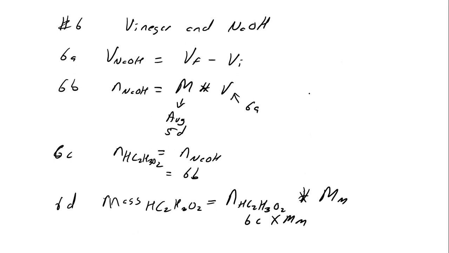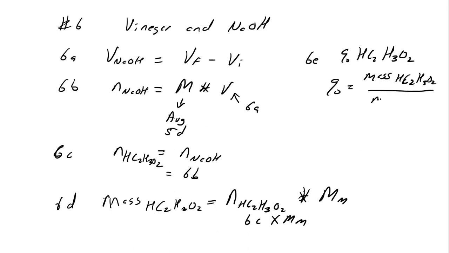All right, 6E is the last one, and I'm going to find the percent acetic acid in the vinegar. Okay, so the percent is going to be the mass of acetic acid over the mass of solution.